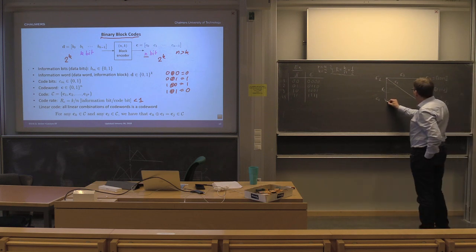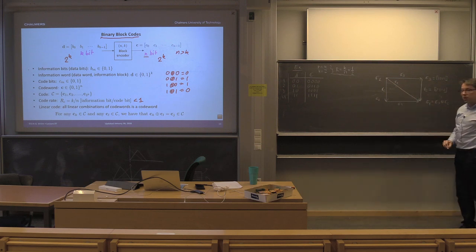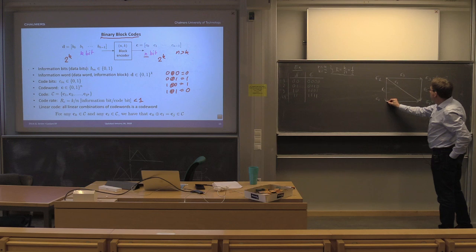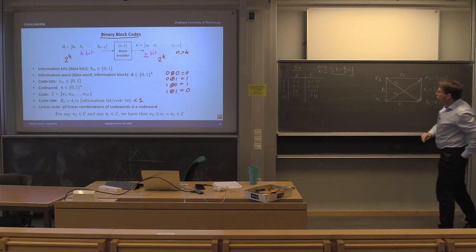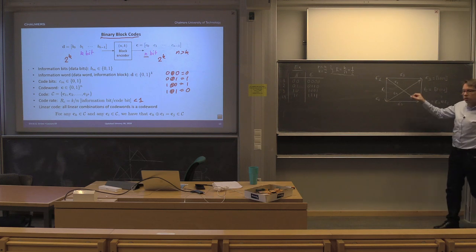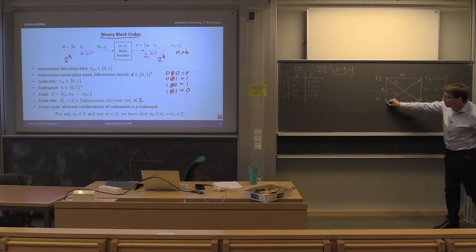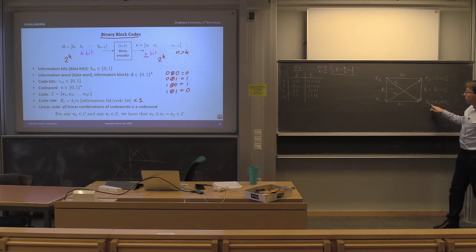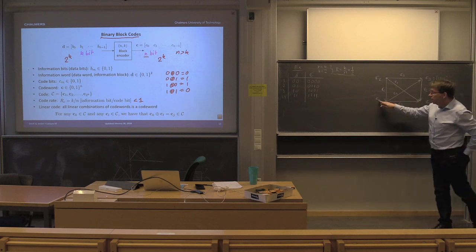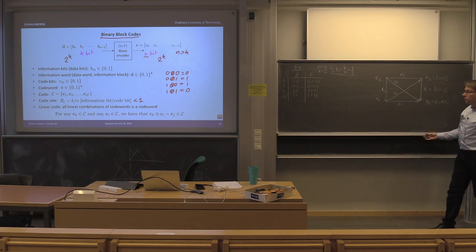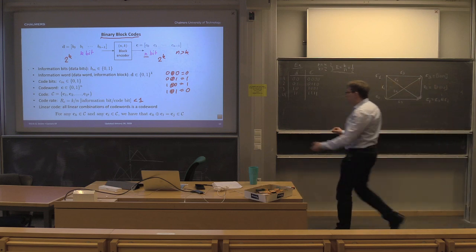And one can complete this by adding the missing links like this. So it turns out that C4 brings us across, C2 brings us down, C3 brings us to the right. But since everything is symmetric, it also brings us the other way. So if I take C4 plus C3, I get C2. Okay, so this is a linear code.